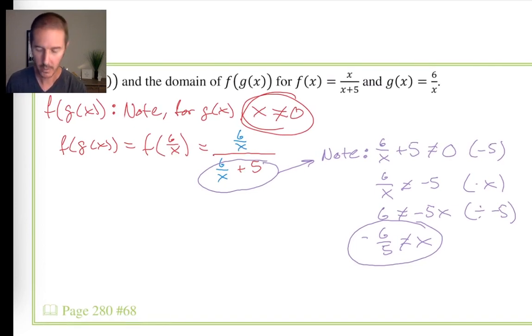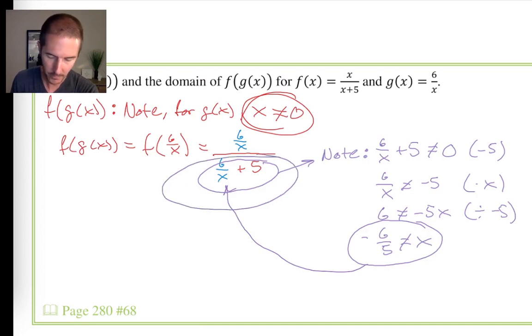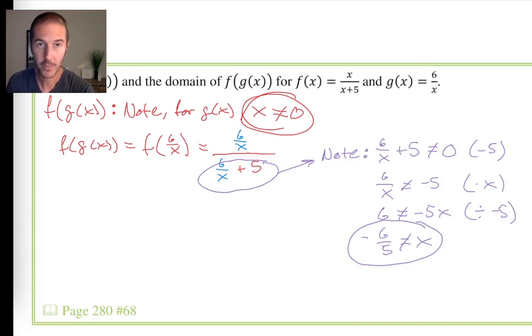If you don't believe me, try taking negative 6/5 and plugging it in as that denominator right there. And when you do this addition, where you add the 5, I think you'll find that that big denominator becomes 0. Or you could just take my word for it, that you don't want x to equal negative 6/5.